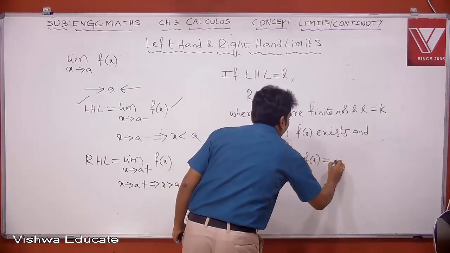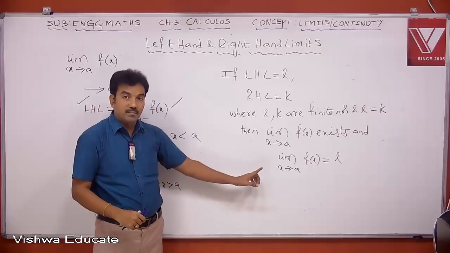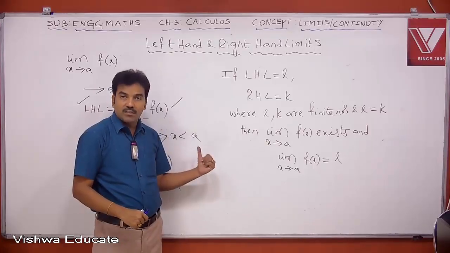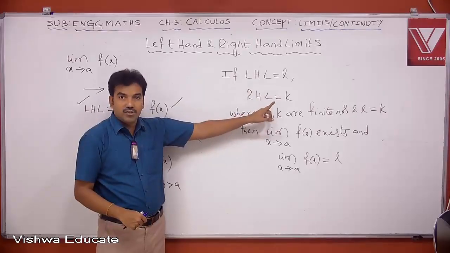So the limit as x tends to a of f of x is equal to L. So this is the basic concept behind the limits. I have calculated LHL. I have calculated RHL. Now compare both the limits.